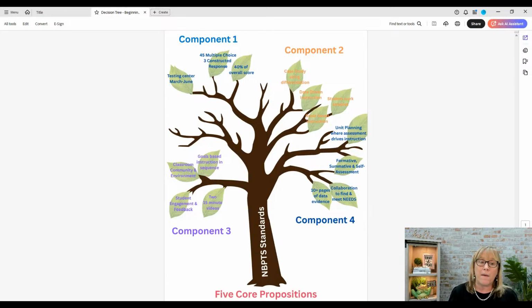It is 45 multiple choice questions and 3 constructed response items. So it's 4 tests, 3 constructed response tests that are timed and 45 multiple choice, very much like the Praxis exam, if you all have ever taken that exam. Also, you can look up component 1 selected response items practice.